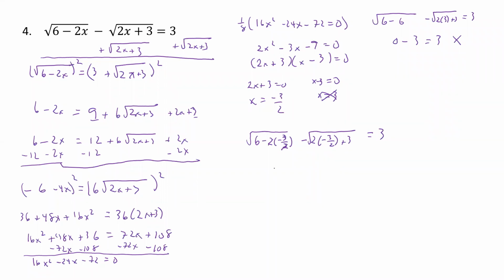So 6 plus 3 is going to be 9. So square root of 9 is 3. Here 2 cancels 2, and we get minus 3 plus 3 is 0. So minus 0 equals 3. That one works. And so this one is actually the answer in this case. All right. So again, you have to do both of them to get the correct solution because we came up with 2, one of them doesn't work, but the other one does work.